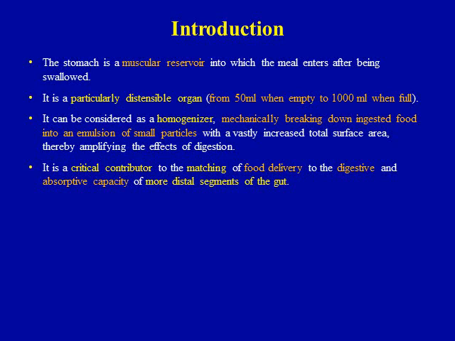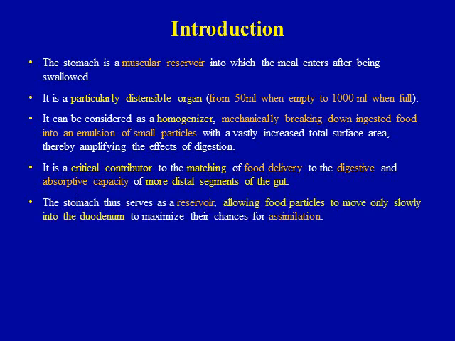It is a critical contributor to the matching of food delivery to the digestive and absorptive capacity of more distal segments of the gut. The duodenum cannot deal with the entire meal after we ingest it, so the meal will be stored in the stomach, and then the stomach will continually mechanically and chemically digest that meal and release a small amount of chyme to the duodenum, amounts that are small enough so the duodenum can deal with them without any problem.